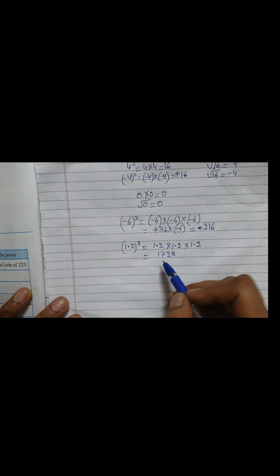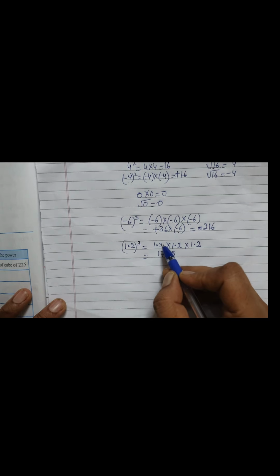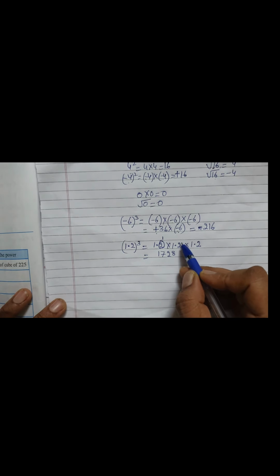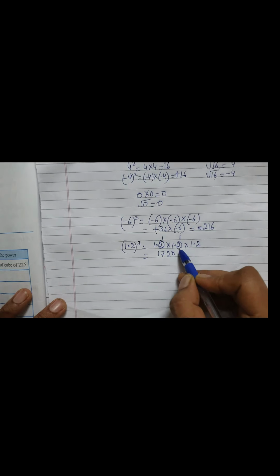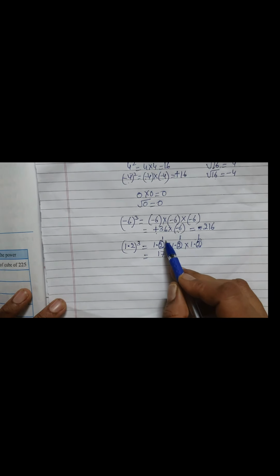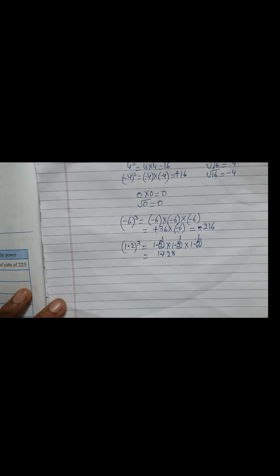Now we have to put the decimal point because this is a decimal number. After the decimal point, how many numbers are there? One number. Each has 1 number, so 1, 2, 3. We have to add them. So the decimal point will come here.